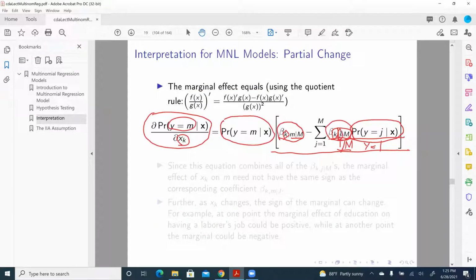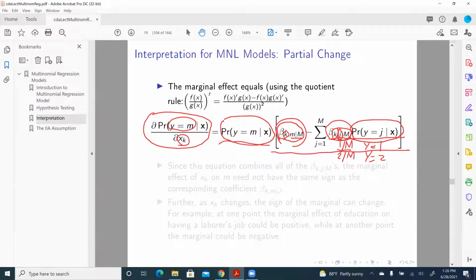In this case, it's going to be the 2 over M odds comparison, so a different beta k for the same covariate, and y equal to 2, until we hit capital letter M over M, y equal to M. Well, we sum across, we get a summation, and subtract it from this term, then multiply by the predicted probability.